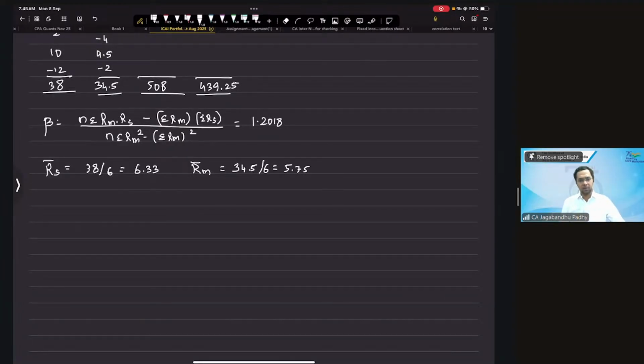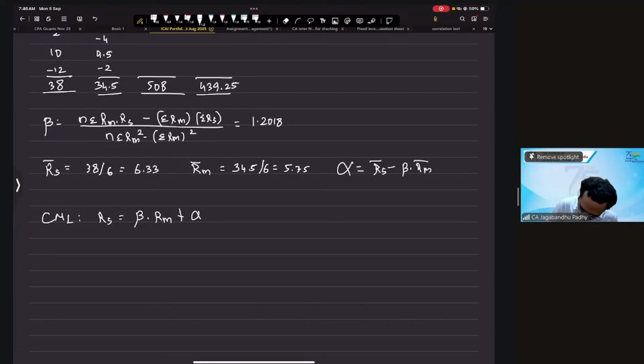Then we talk of the characteristic market line. The characteristic market line is the return of security equal to beta into RM plus alpha. So first we need to calculate the alpha. Alpha is average return of security minus beta into average return of market.